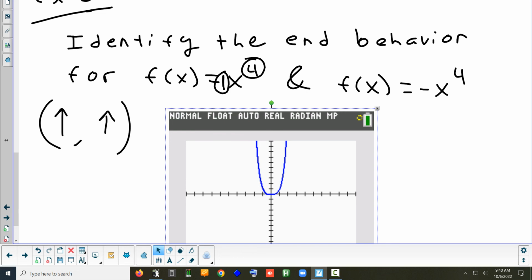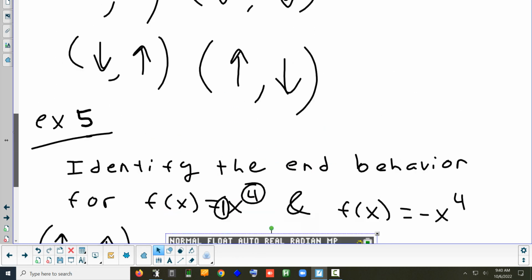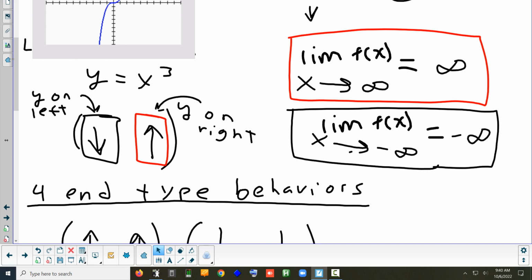Or, if you wanted to write it in limit notation, you would take what we had right here, and it's up on the left, up on the right. You could write it just like that. As you head to the right, it goes up. As you head to the left, it goes up. This would be the answer in limit notation. I'm going to fix it and put it back the way it was to this point. But that's what it would be.